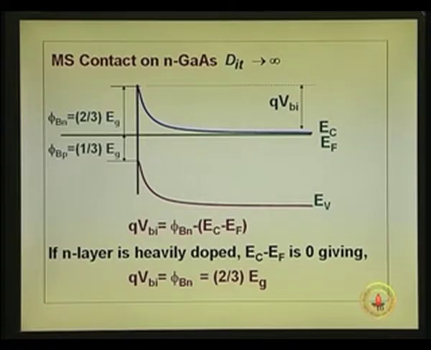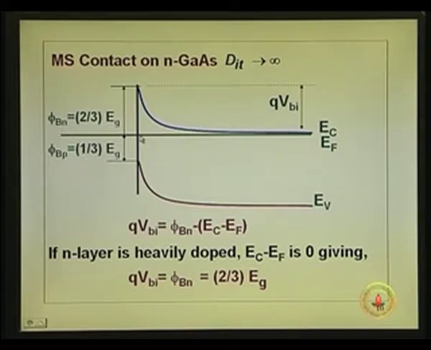Here, what I have shown is the consequence of making the n layer n plus. When you make the n layer n plus, what happens to the Fermi level? The Fermi level moves closer to the conduction band, but that is locked down to E naught. If it is locked down to the neutral level E naught, that is 2/3 of Eg.